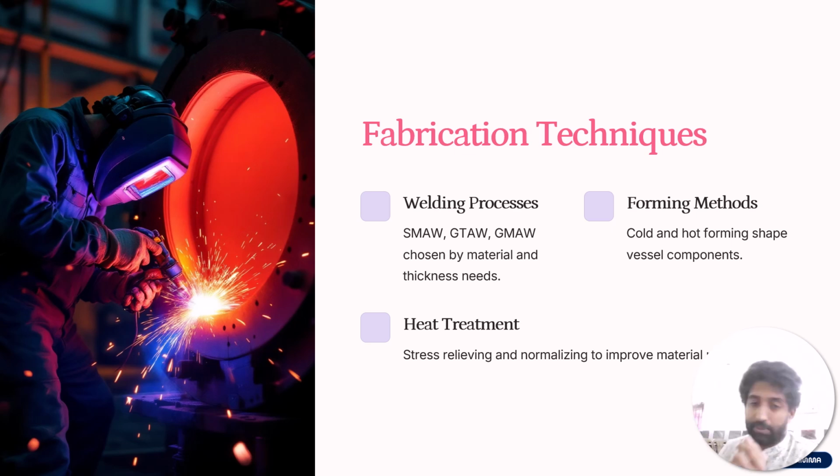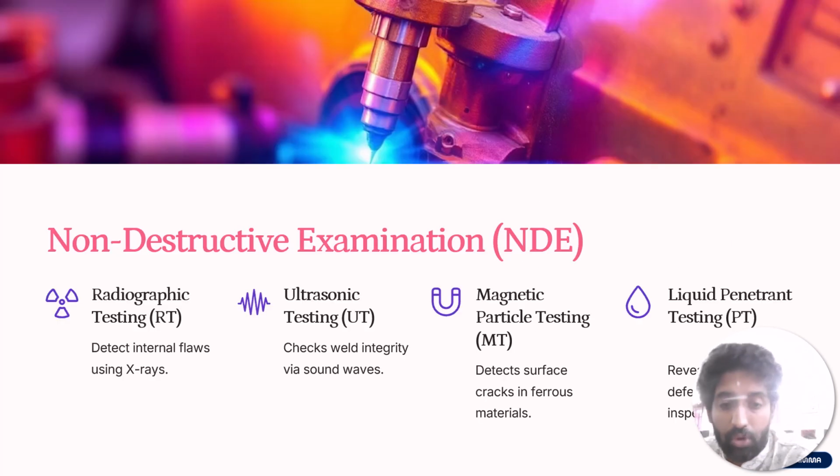Okay, next we do NDT, non-destructive testing: radiographic testing, for example for storing nuclear waste, and ultrasonic testing to find out whether there is a crack or not. If there is a crack, is it harmful or not? So we have to find the crack.